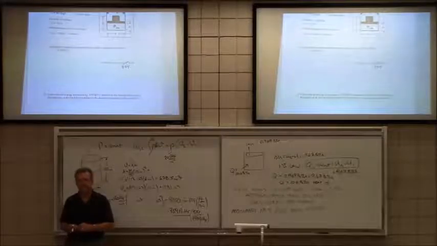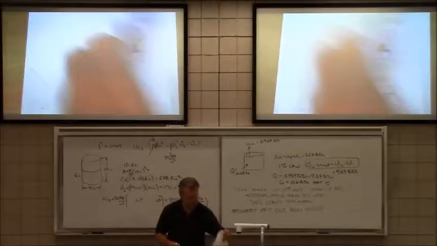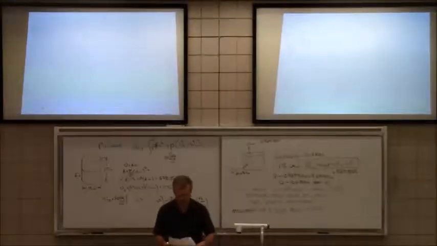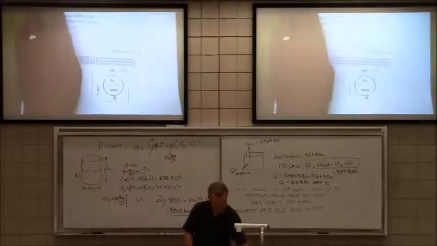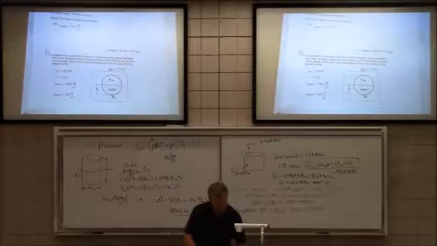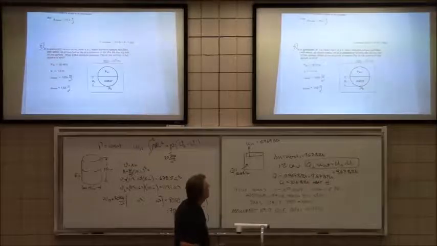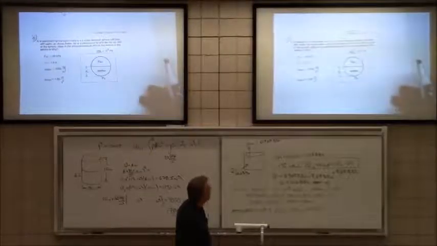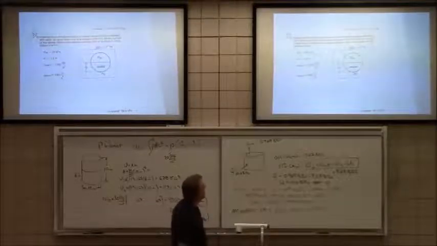Yes? A question about number 5, it's a pressure problem. And so P equals rho g h, right? Let's take a look. I think the answer you had on the paper, I thought it was supposed to be rho g h plus the pressure of the air to get absolute pressure.